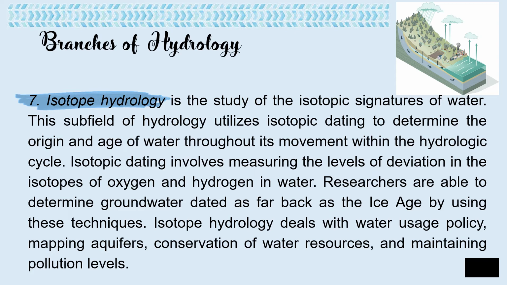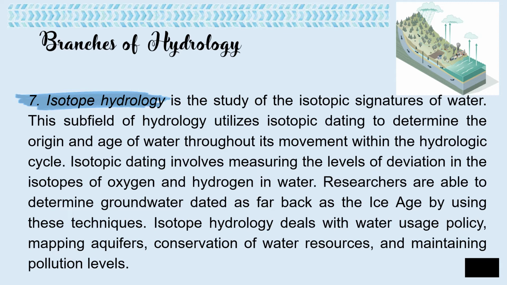Isotopic dating involves measuring the levels of deviation in the isotopes of oxygen and hydrogen in water. Researchers are able to determine the groundwater dated as far back as the Ice Age by using these techniques. Isotope hydrology deals with the water usage policy, mapping aquifers, conservation of water resources, and maintaining pollution levels.